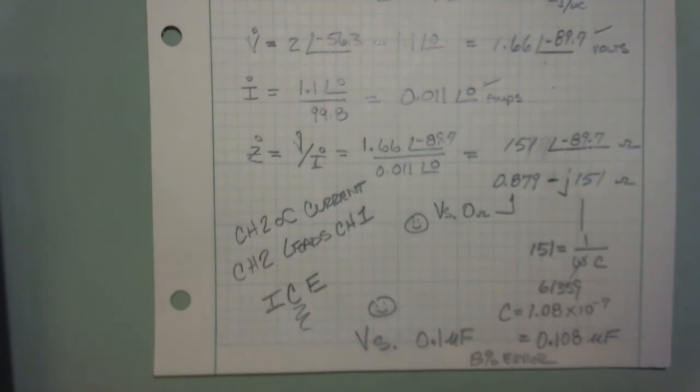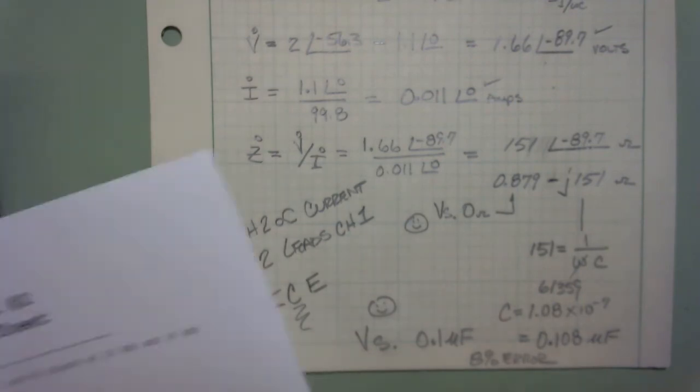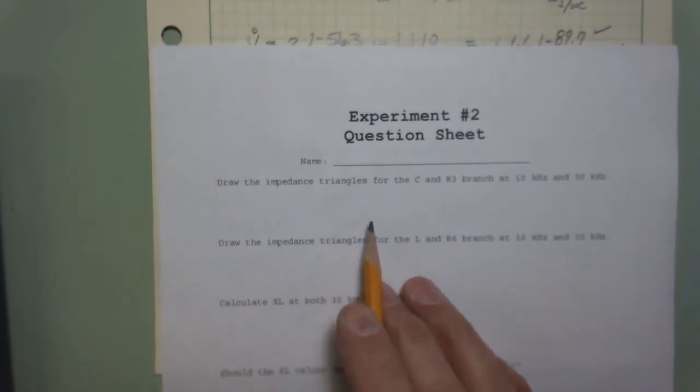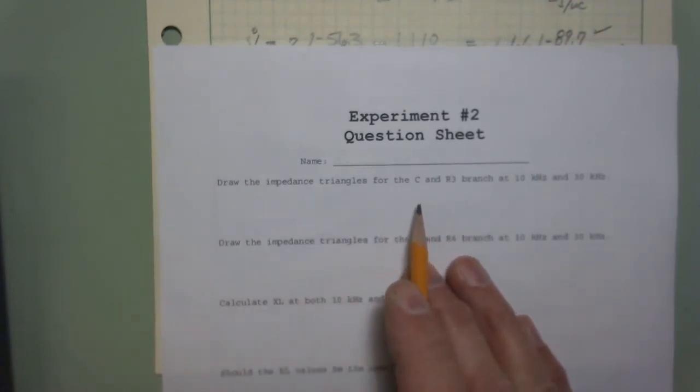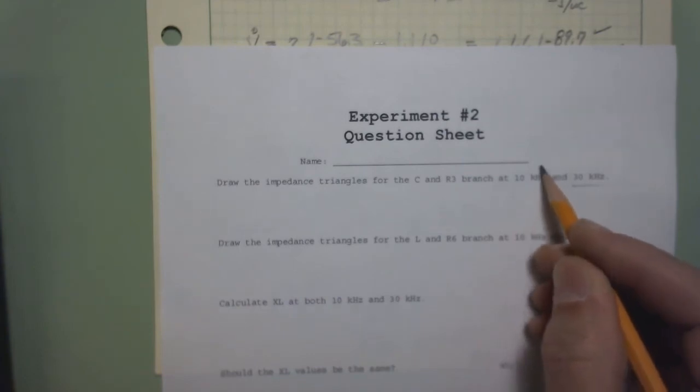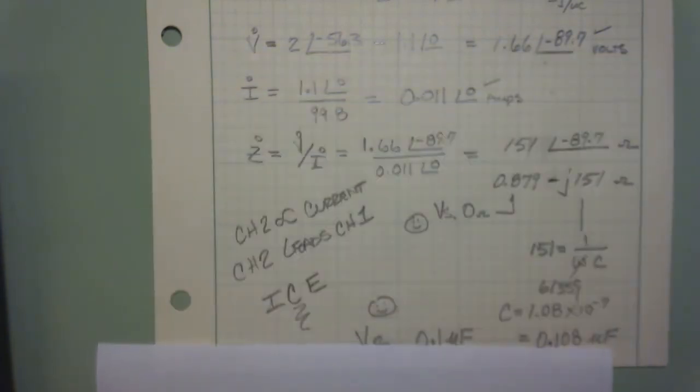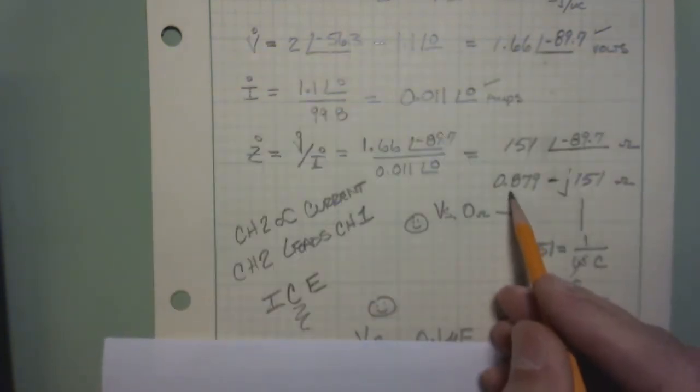Well, let's go to the question sheet and see what we can do with this. Draw the impedance triangles. Here's our question sheet. Draw the impedance triangles for the C and the R3 branch. That's what we're working on here at 10 kilohertz. Well, I haven't done the 30 kilohertz, but I have done the 10 kilohertz. And what's that going to look like? We've got it right there, 0.879.